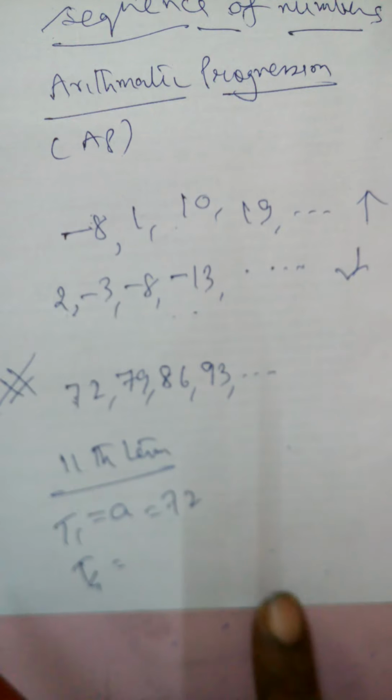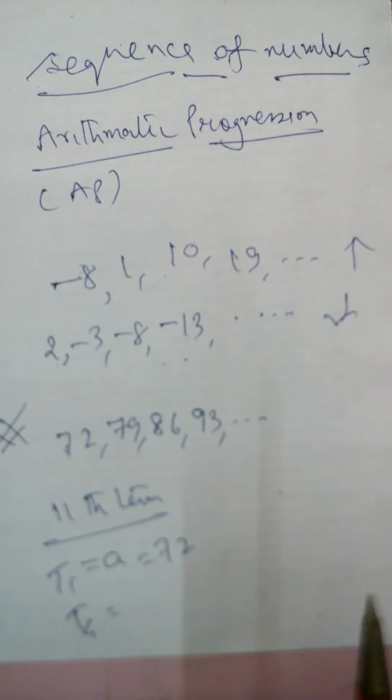It is not series. Series is a different word I will discuss in next discussions. Now, 72 we are starting and reaching 93 at the fourth term. Even if we don't have the result as 93, I can find it by thinking this way.